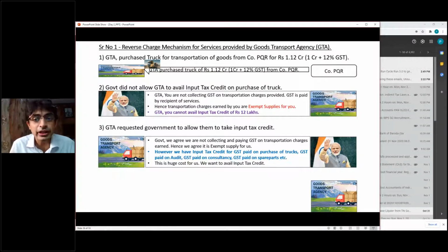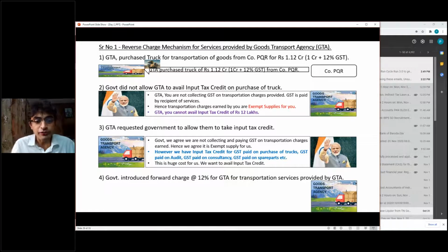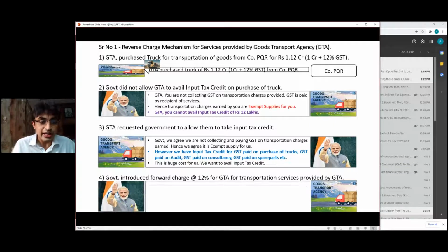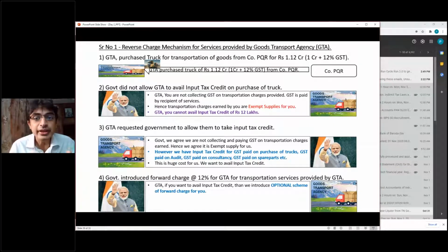Our costing will increase. That's why government came with one optional scheme, not compulsory, optional for GTA. See the scheme: GTA, if you want input tax credit, then I introduce an optional scheme of 12%. See the point, forward charge.